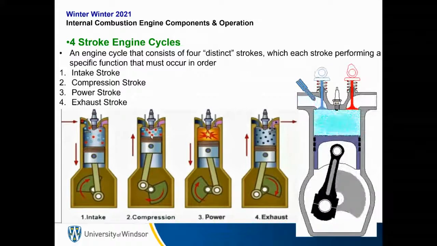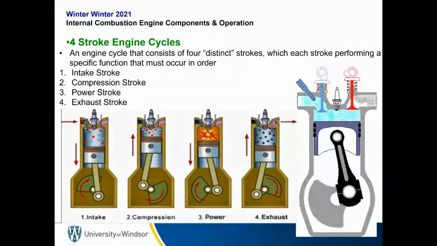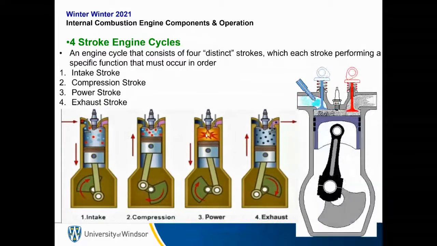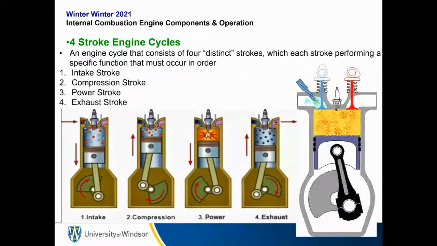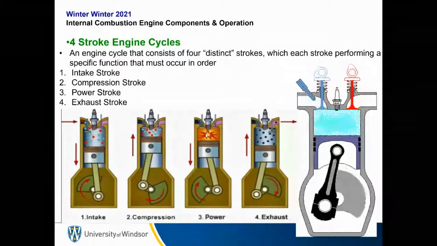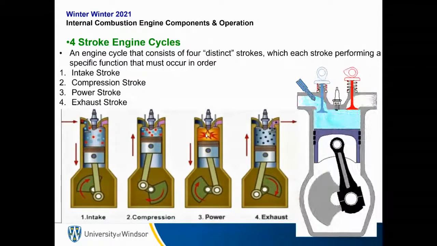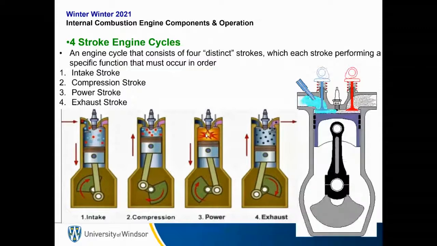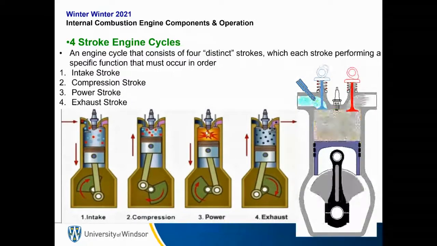Once this piston reaches the top of the compression stroke, one of two things is going to happen. The mixture is either going to be ignited by a spark, and we're going to get combustion, or the mixture is going to ignite on its own, or auto-ignite, due to the compression. In other words, you're going to have compression ignition.